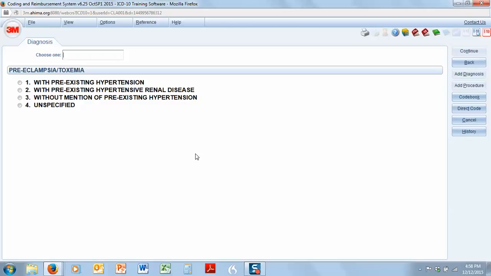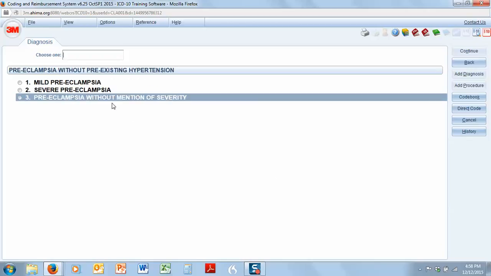Did she have pre-existing hypertension before she was pregnant? Did she have hypertension with renal disease before she was pregnant? Or was there no mention of pre-existing hypertension, or was it unspecified? Although it's unspecified here, we're going to say there's no mention of pre-existing hypertension. That's sort of saying the same thing as unspecified, but it's a little more specific. So we're going to pick that.